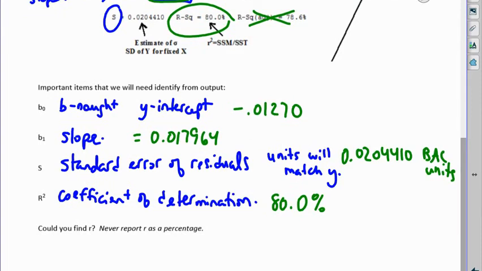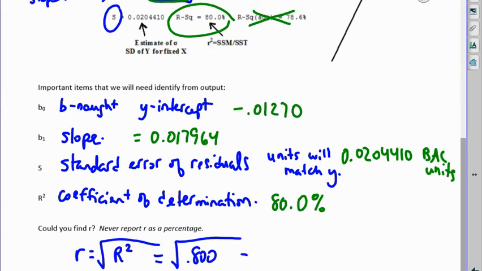To do that, R will be the square root of R squared, but you cannot use the percent version, so let's use it as a decimal: the square root of 0.800. Since I am taking the square root, it could be the positive or the negative. So I get 0.8944, but which one is it?